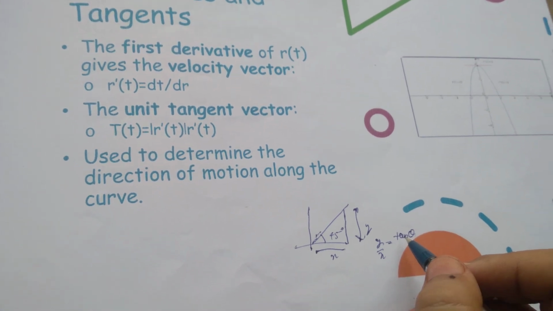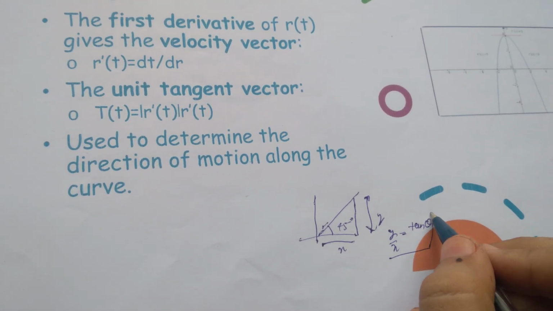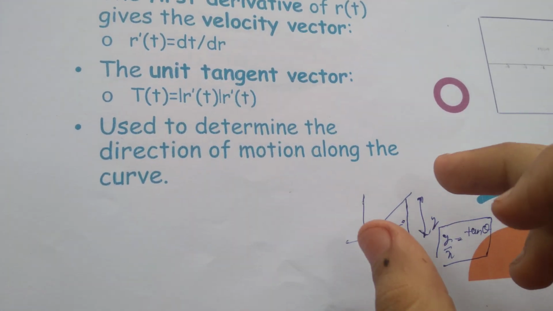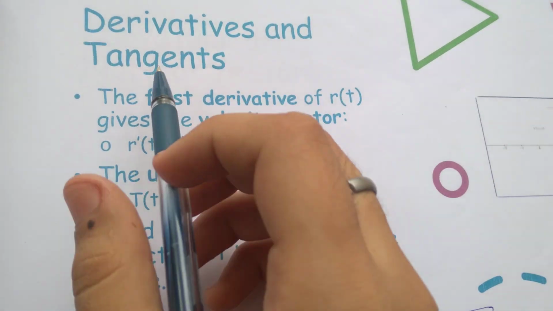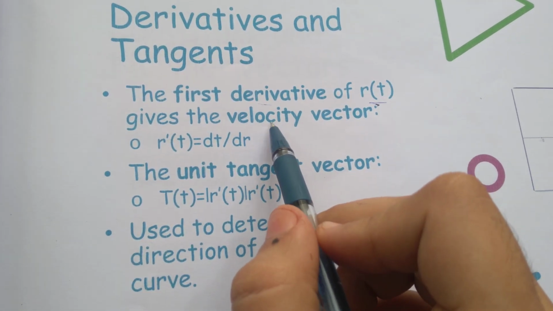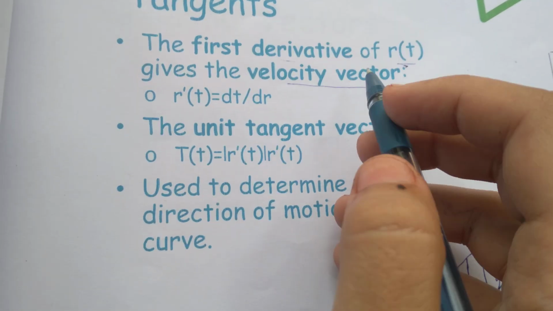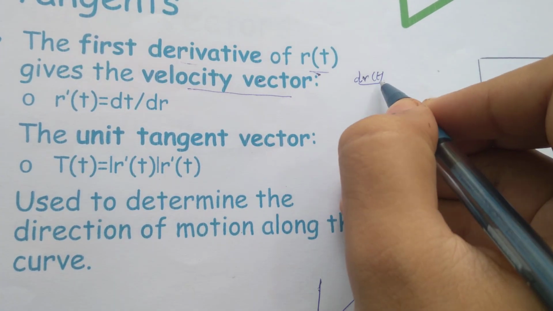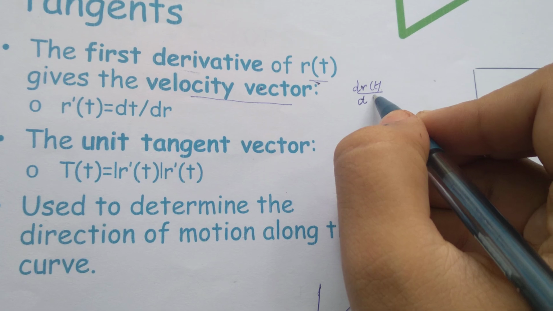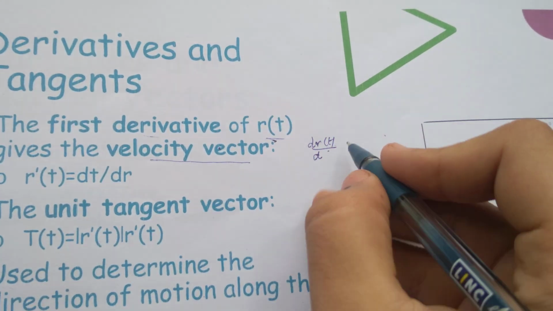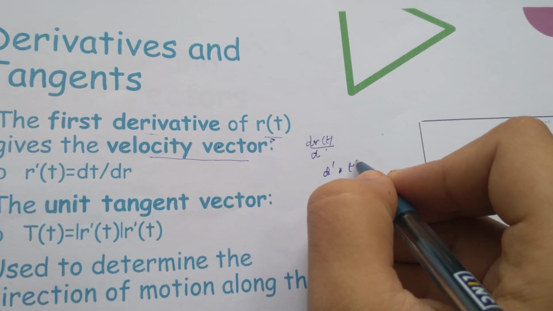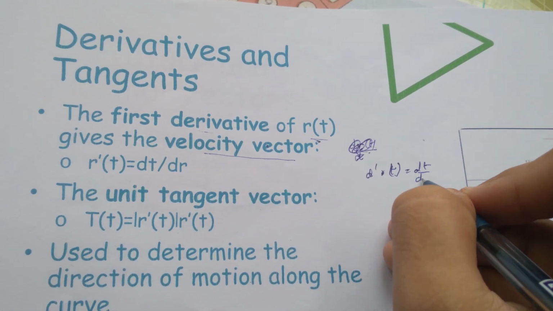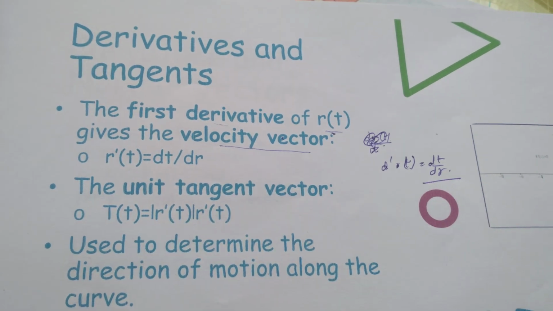This is called the derivative of this line. So the first derivative of r(t) gives the velocity vector. The derivative r'(t) = dr/dt gives us the velocity vector.